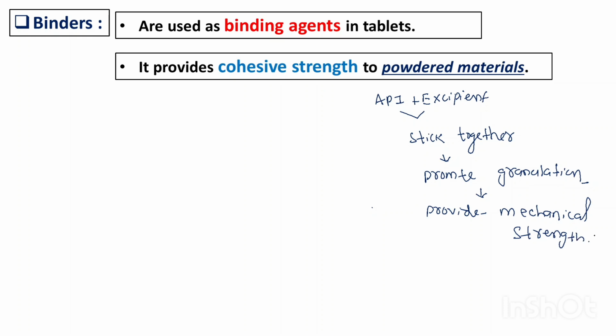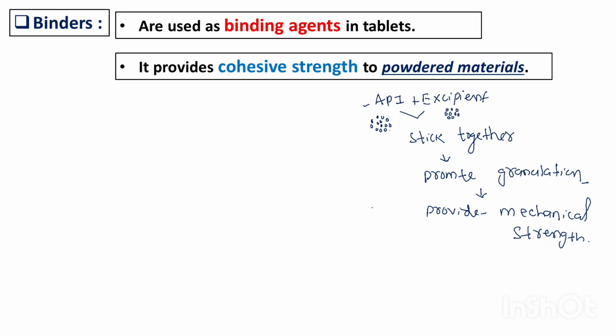Because first of all, whether it is an API or an excipient, both are powder granules, powder materials, right? We need to compact them, we need to stick together this excipient as well as the API.